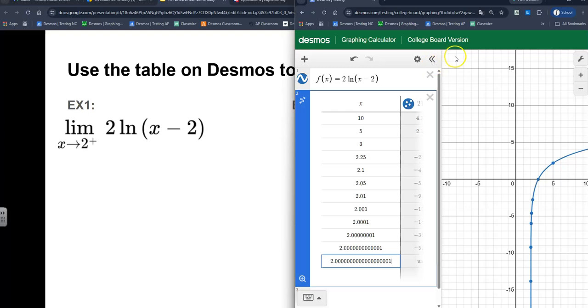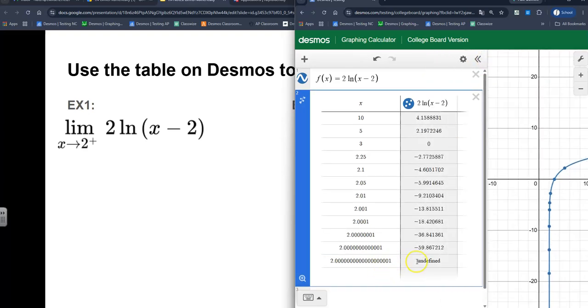Yeah, so at this point, it's telling me that it's undefined. I think Desmos does about 10 decimal places, and if you get past that, whatever it's giving you may not be accurate anymore because it's just kind of ran out of computing capabilities. So this is actually not undefined. It's just so close to 2 that Desmos is calculating it like it's 2.